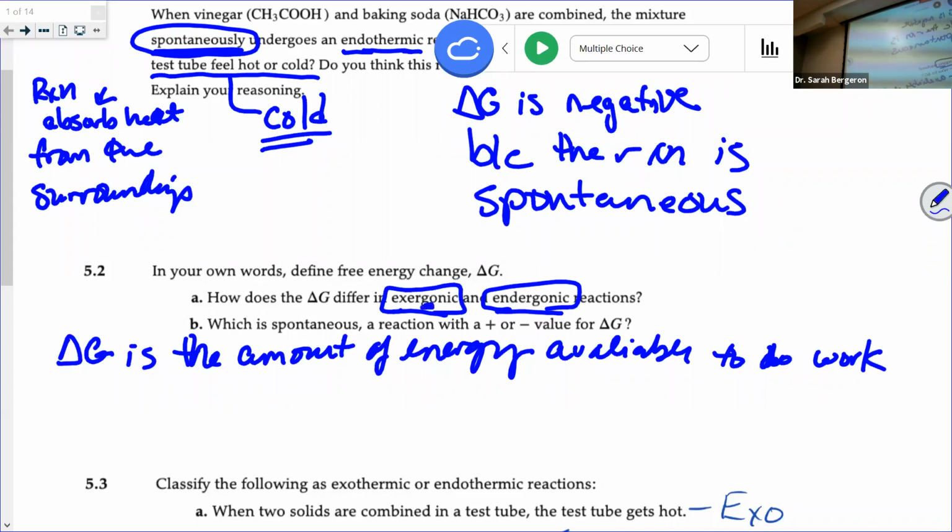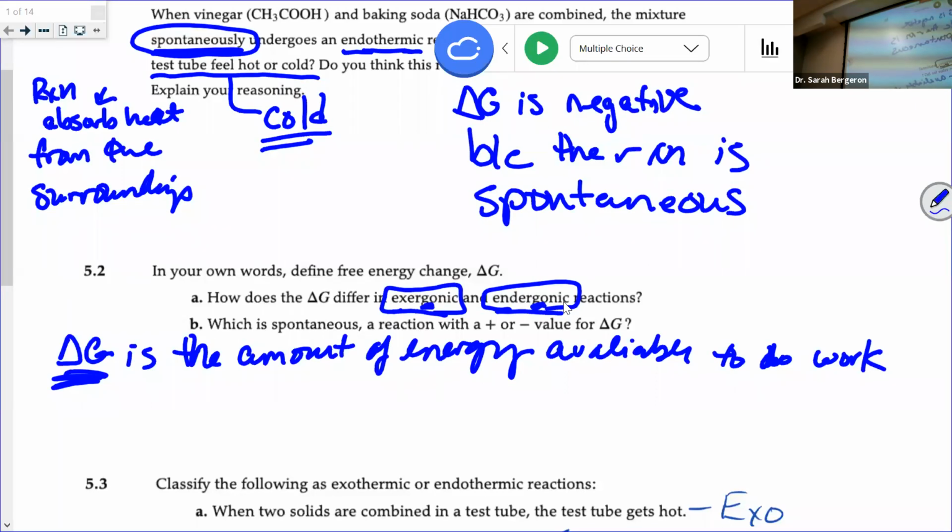The second half of the word starts with the letter G for delta G, okay? So endergonic and exergonic tell you all about delta G, and delta G tells you spontaneity. Is it going to happen on its own, or does it need a push?